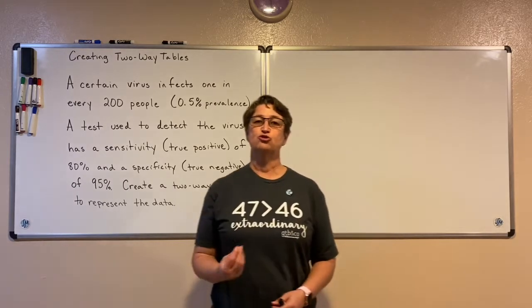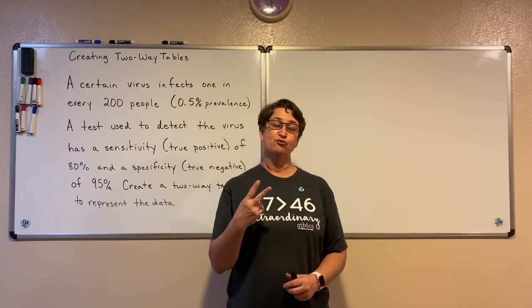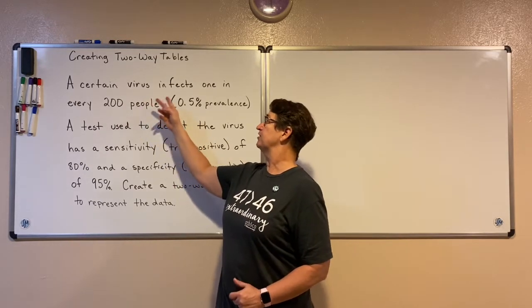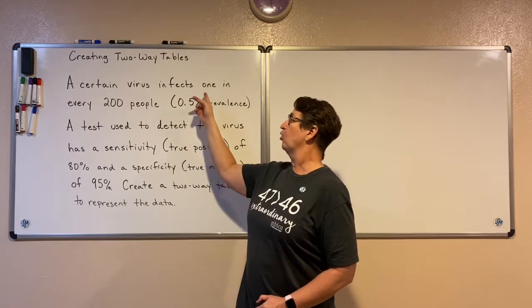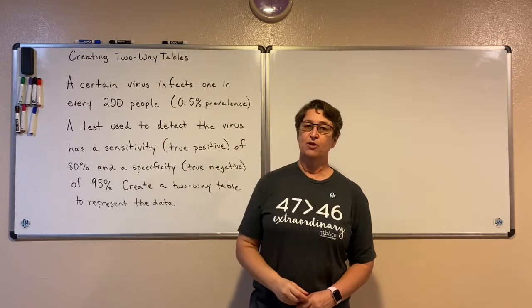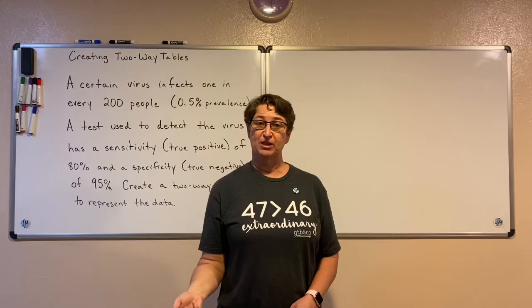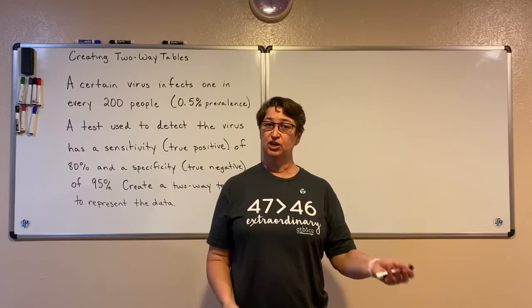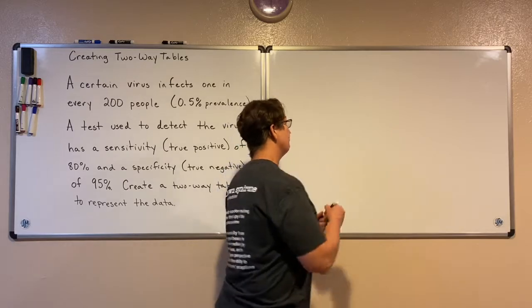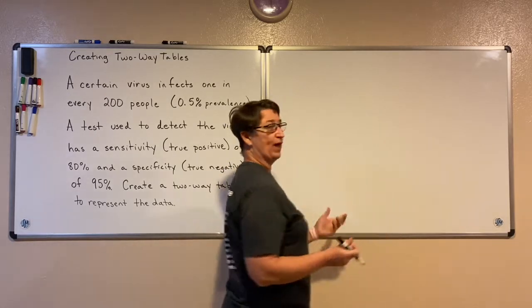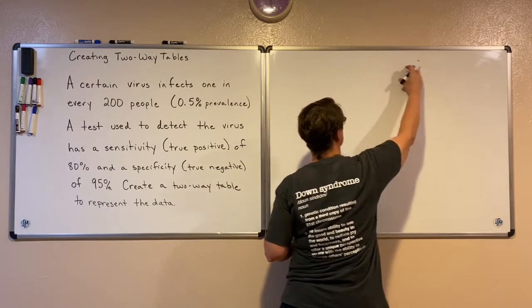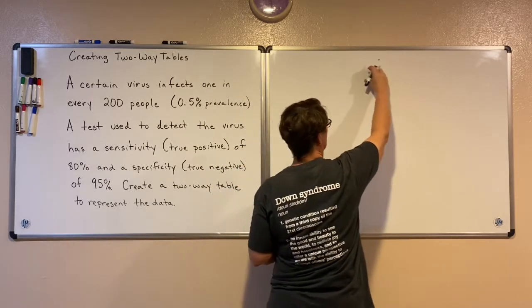So first, with the two-way table, we know that we have two variables. The first variable here, if it's prevalent in 1 out of every 200 people, that means that some of the population has the disease and some of the population does not. So our first variable is, do they have the disease or not? I'm going to put the answers to that along my first row.